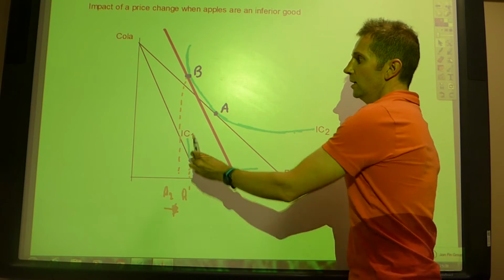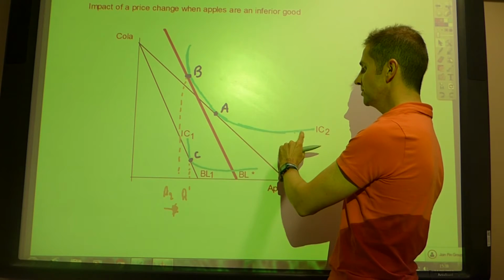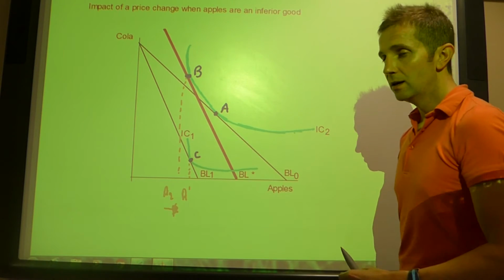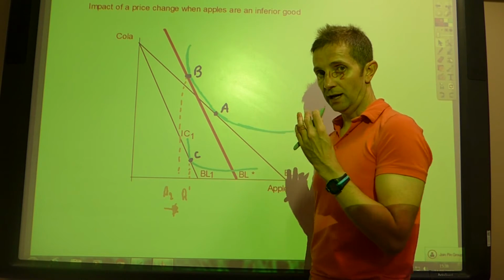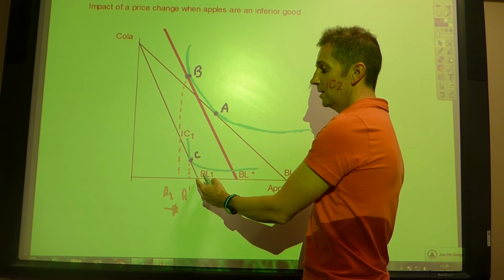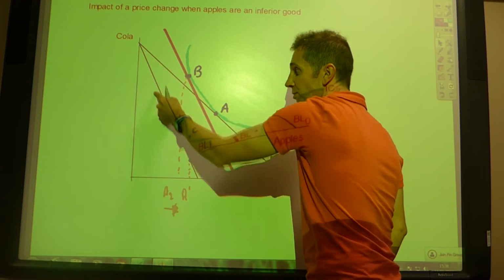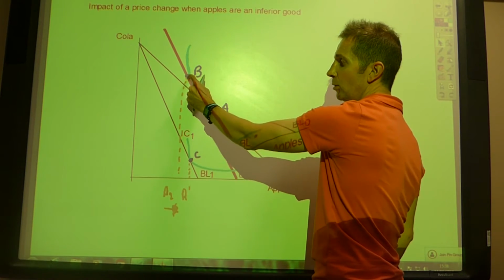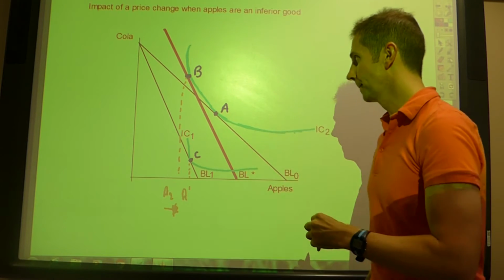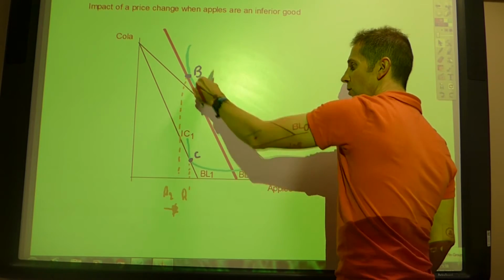And so it's showing us at this new price ratio, if we still wanted to enjoy the same utility or satisfaction as we did at point A, and we had sufficient income to be purchasing combinations of apples and cola at the new price ratios, then we could get onto this indifference curve 2 by consuming at point B. Now you'll know that a consumer is indifferent between choices along this indifference curve.